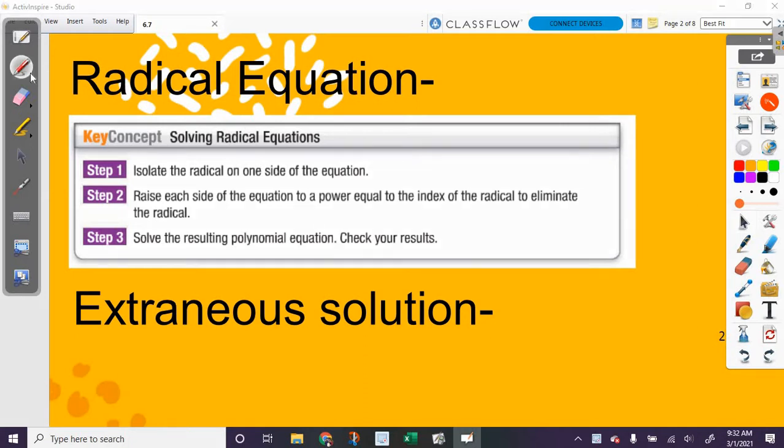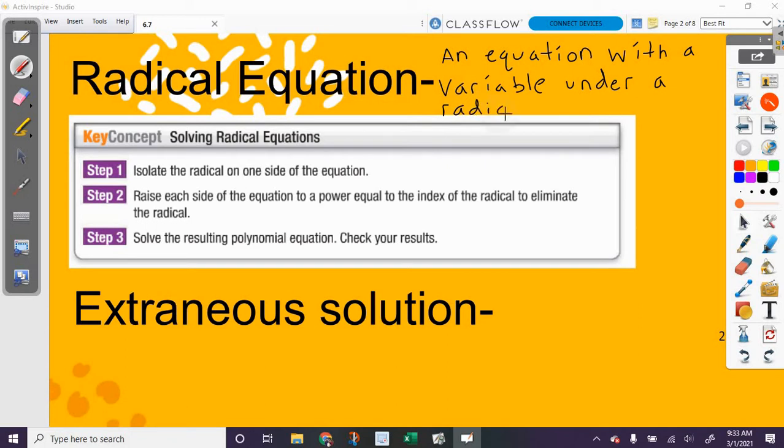A radical equation is going to be an equation with a variable under a radical.